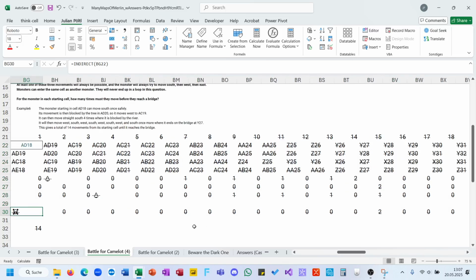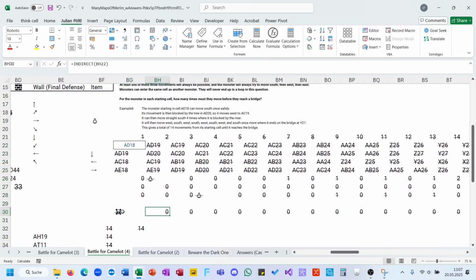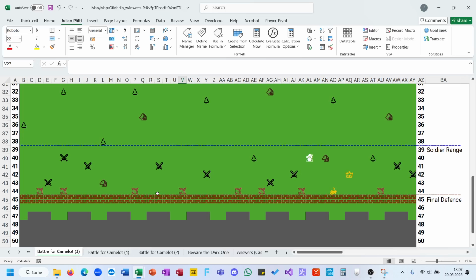And then I want to know, not indirect, but if the row number is 44.